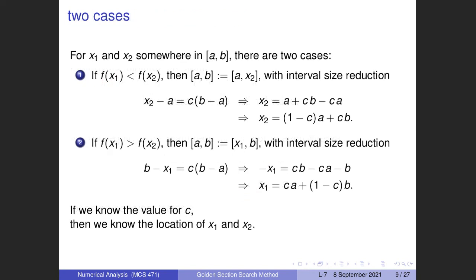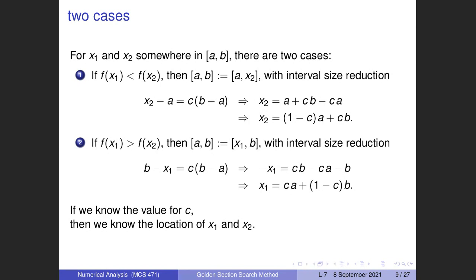Here is what we want to do. We had the minimax concern. The constant reduction factor concerns the accuracy, but we also want to recycle a function evaluation in every step. We only want to do one new function evaluation.